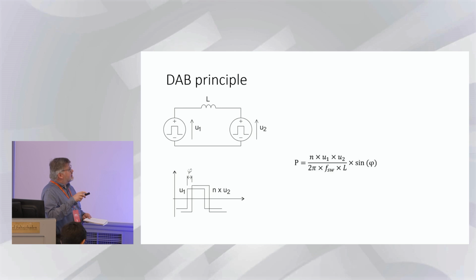And the power is adjusted by one voltage times the other voltage times the switching frequency and this coupling inductance, and the constant, which mostly is the ratio in the transformer, times sine of the angle between these two voltages. So by just controlling the angle between these voltages, you control the power flow. So you could have both a positive angle and a negative angle, so you can have power flow in both directions of the inverter.